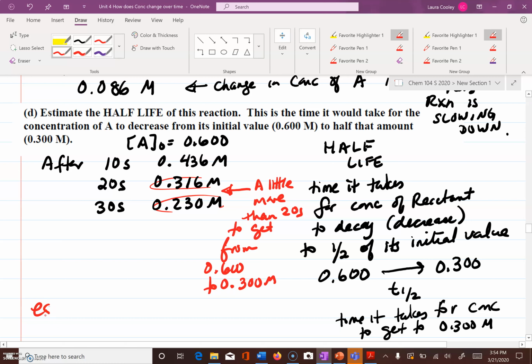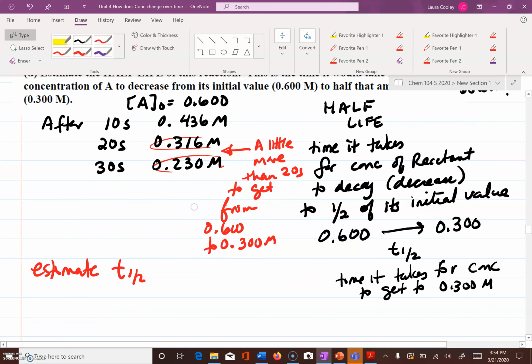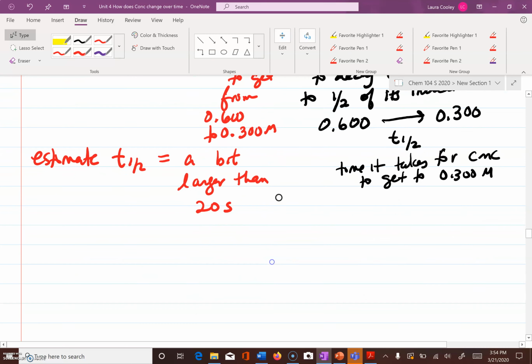So I would estimate that the half-life is a bit larger than 20 seconds. Okay. All right, so now I'm going to skip a little bit. I'm going to talk about some other stuff related to this, and then I'll come back to what the half-life actually is.